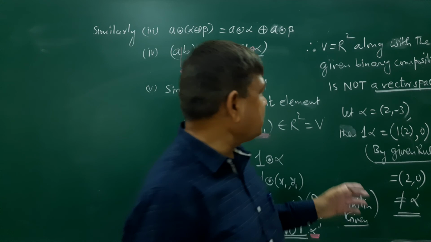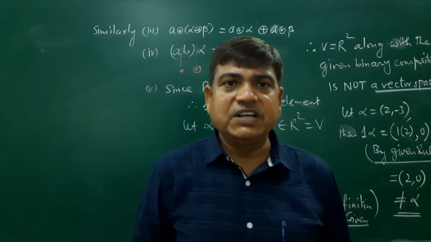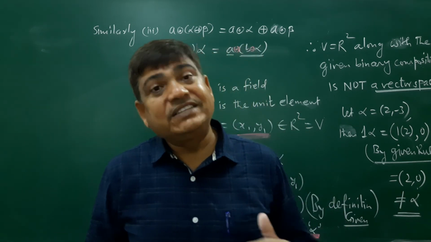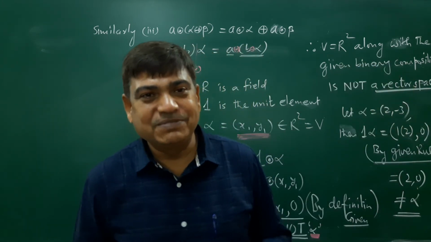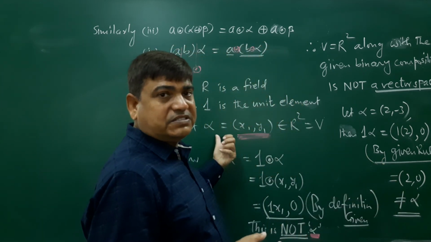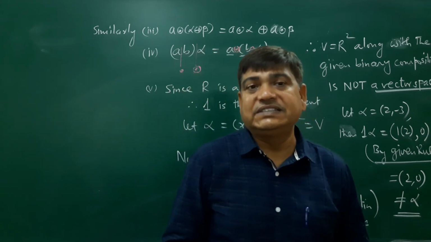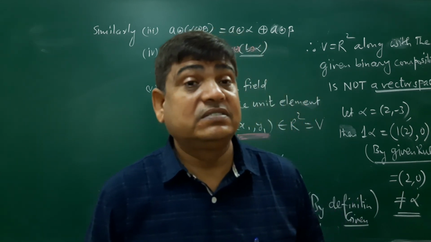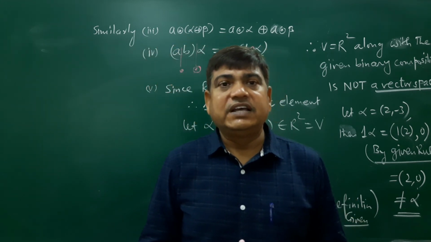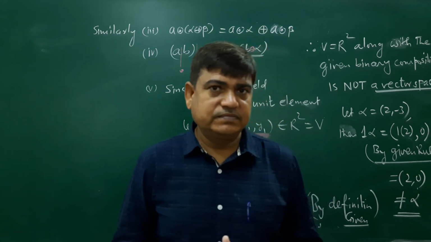And if this type of operation is given, where addition is as usual but scalar multiplication is different from the ordinary one, then it is better to check the last one, that means the identity with respect to the scalar element. So if you find at least one property that is not fulfilled, then the given set is not a vector space.